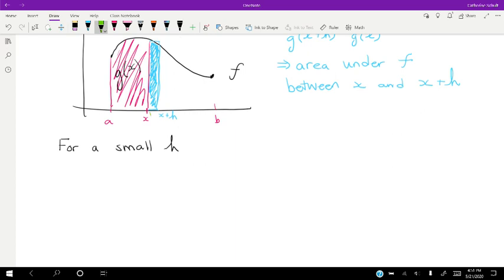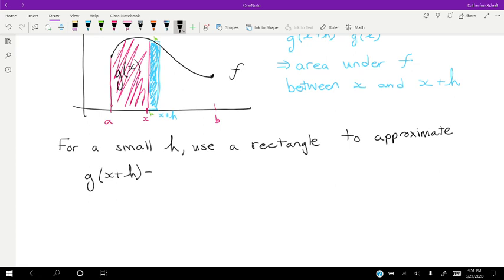So this is our h right here, h. Use a rectangle to approximate that part in blue. This area right here, which is this, g of x plus h minus g of x.